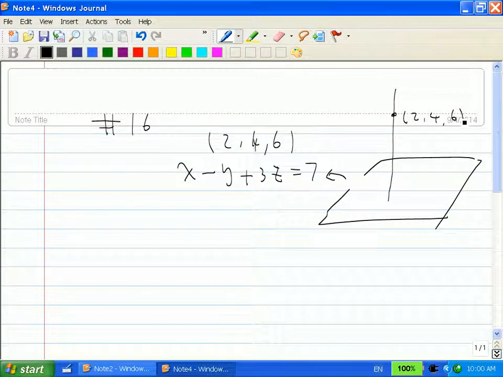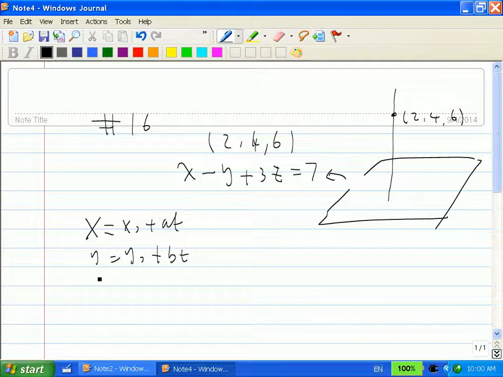As you know, the parametric equation of a line is always of this form: x equals x naught plus at, y equals y naught plus bt, and z equals z naught plus ct.